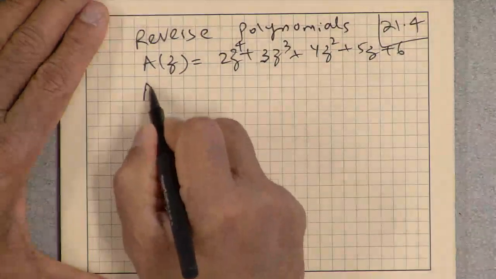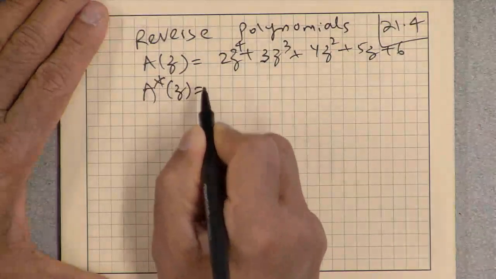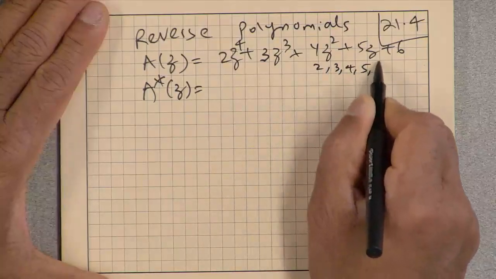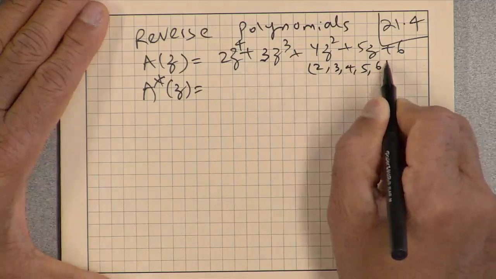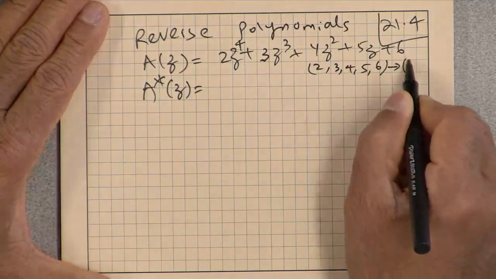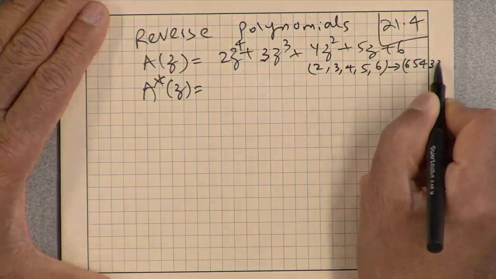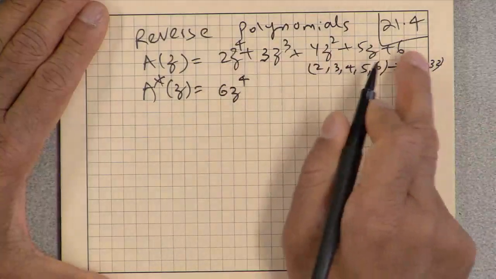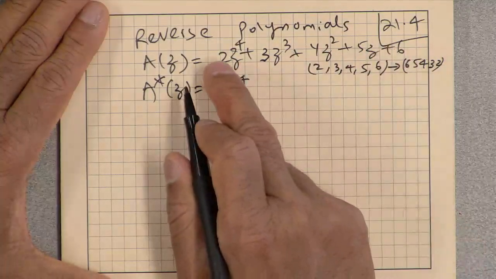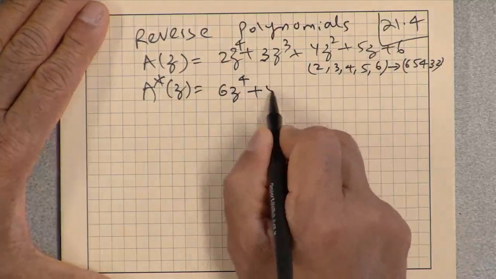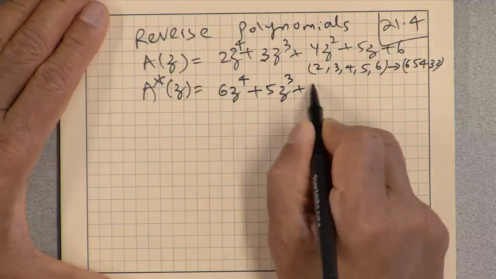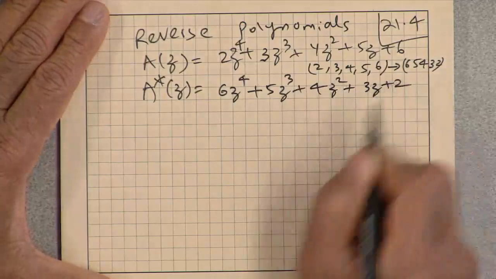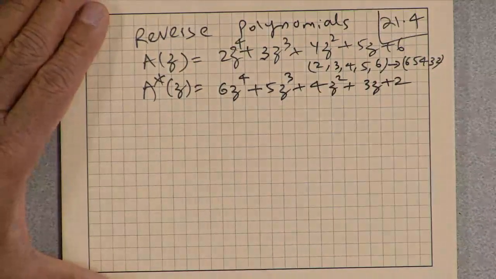Then the reverse polynomial of that: if you think about these coefficients 2, 3, 4, 5, 6, and then you reverse that, it becomes 6, 5, 4, 3, 2, and the reverse polynomial will be the same polynomial with reversed coefficients. So 6, 5, 4, 3, and 2. So that's the reverse polynomial.